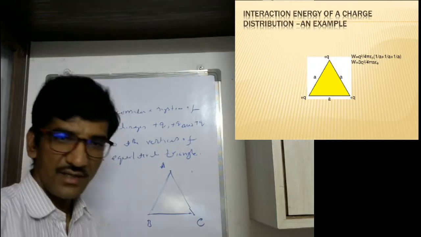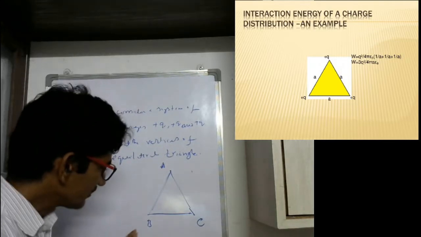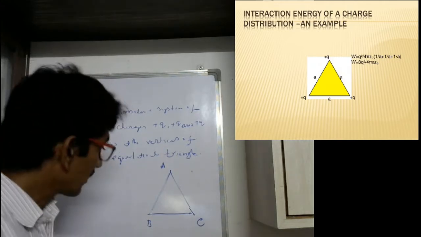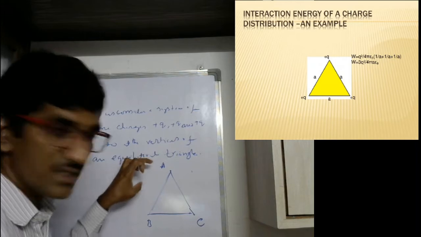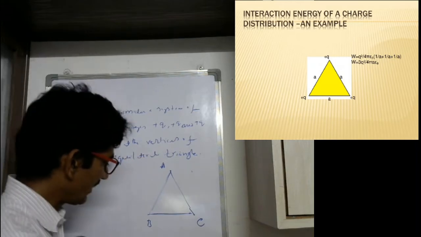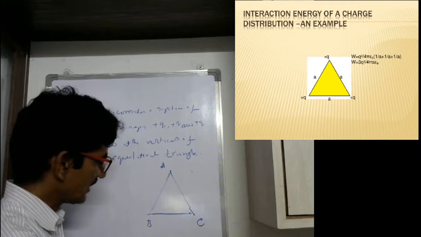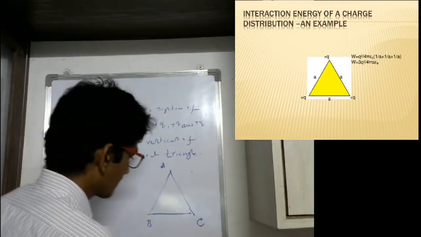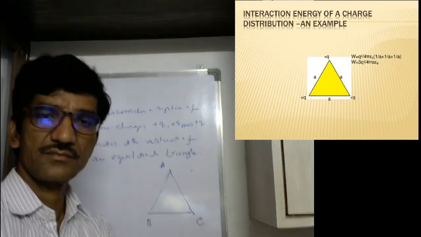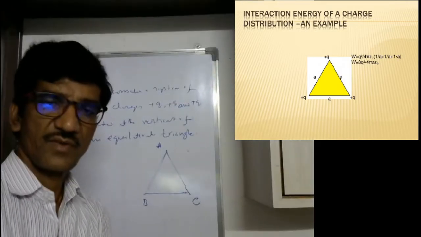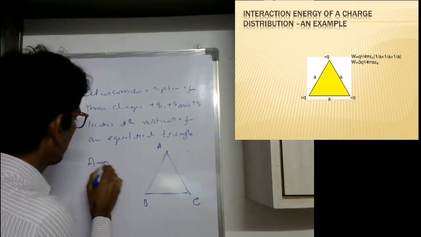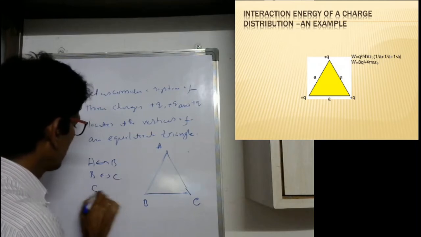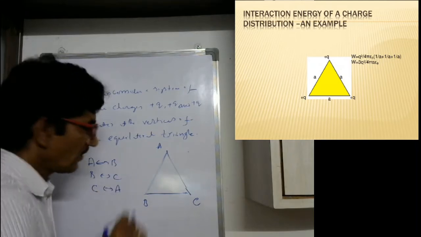All the charges are included in these three combinations. We are considering the interaction between A and B, between B and C, and between C and A. All the three pairs are there.